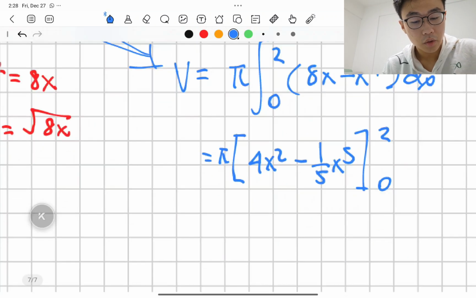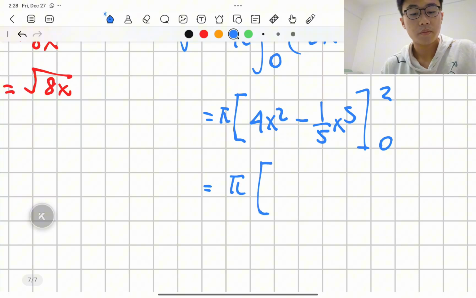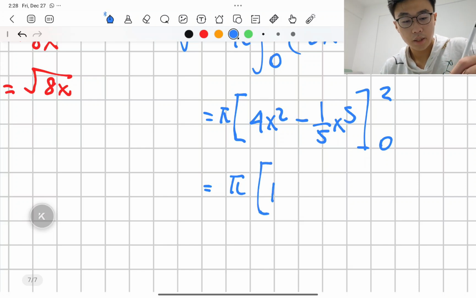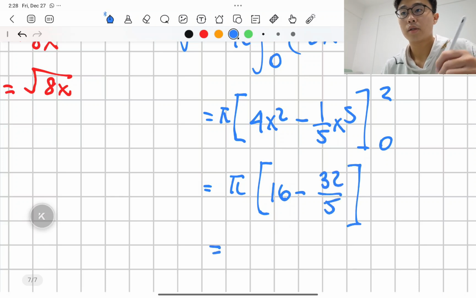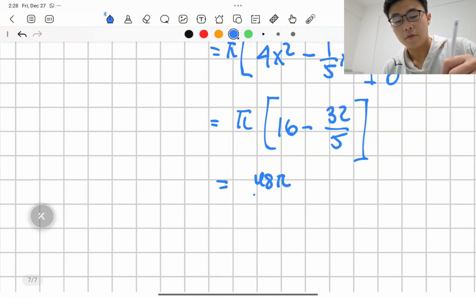Now we insert the 2 inside there, so pi times 4 multiplied by 4, which is 16, minus 32 over 5, and so the result is 48 pi over 5.